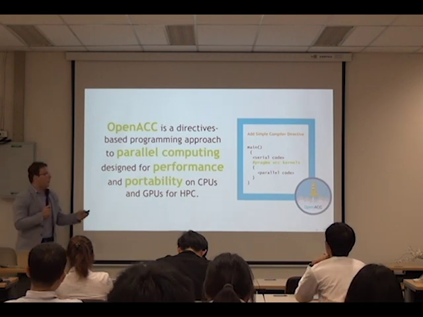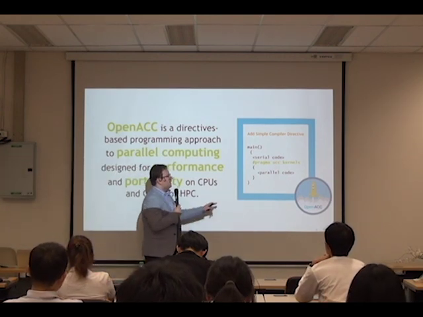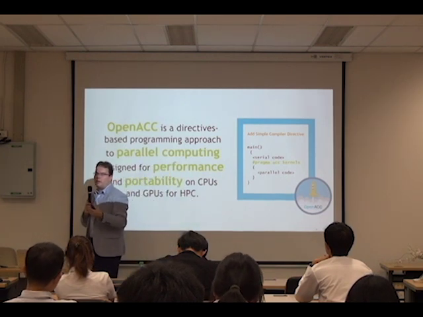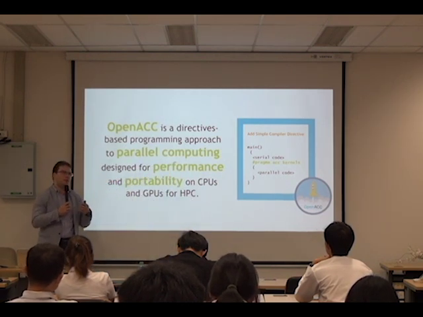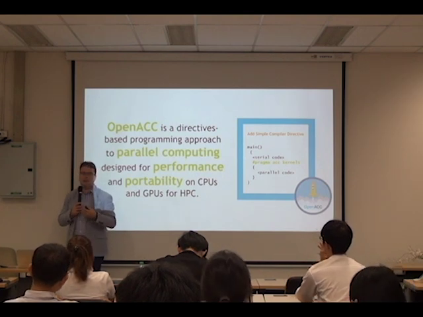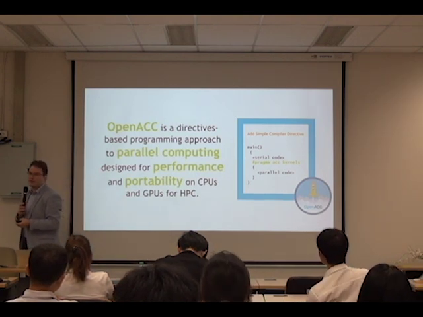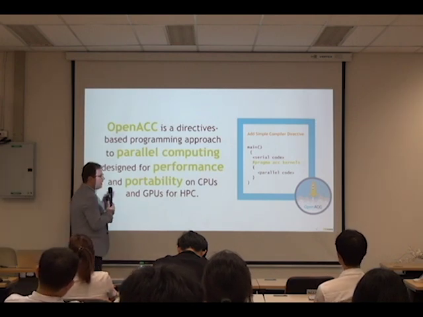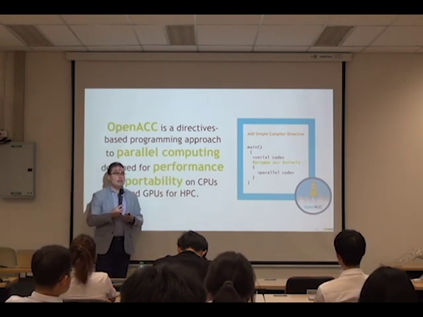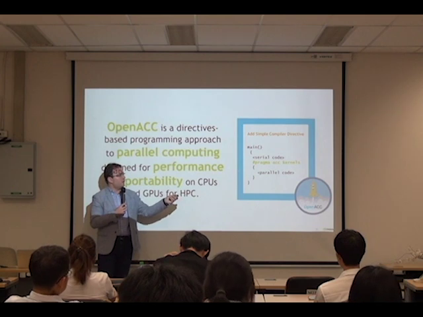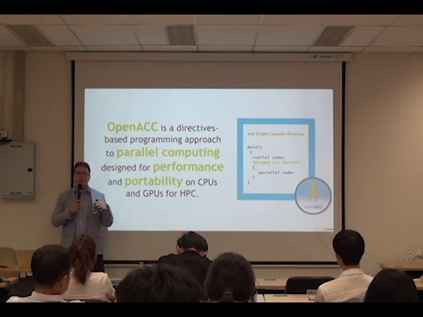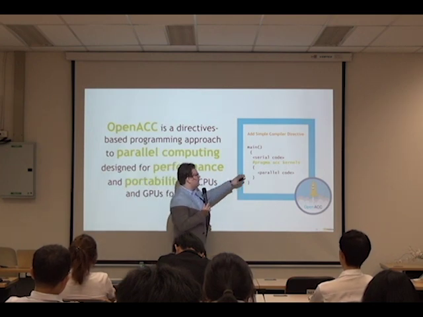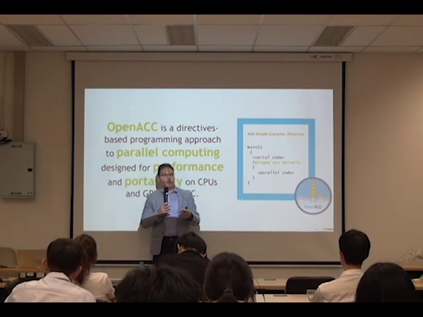And it's also very easy to start. Obviously, you need a compiler that understands this. If you've done some development, you probably know that you have different tools: on Linux, things like GCC and Intel compilers, and on Windows, Visual Studio. You have to have a compiler that understands this type of comment in the code, because otherwise, if the compiler doesn't understand these pragmas, it will just ignore them.